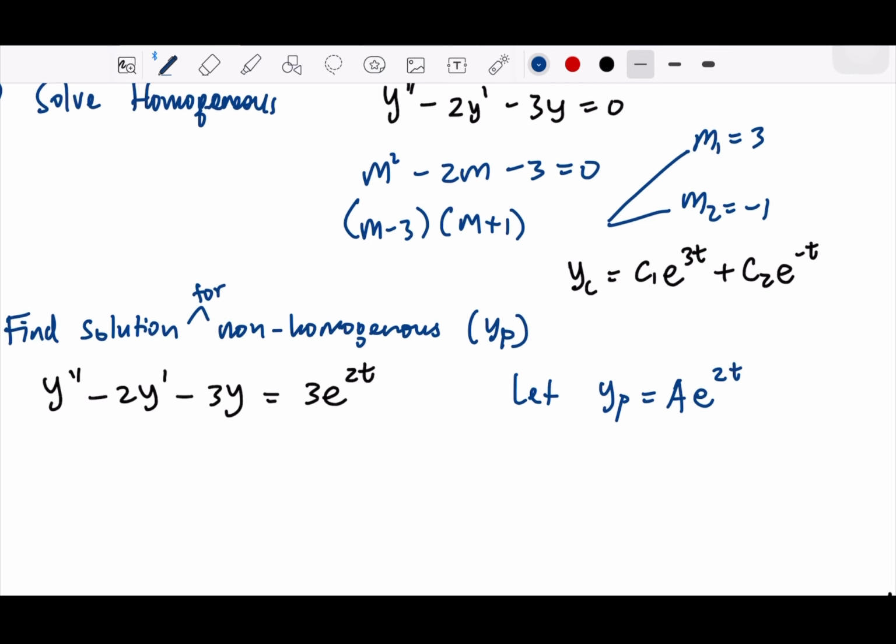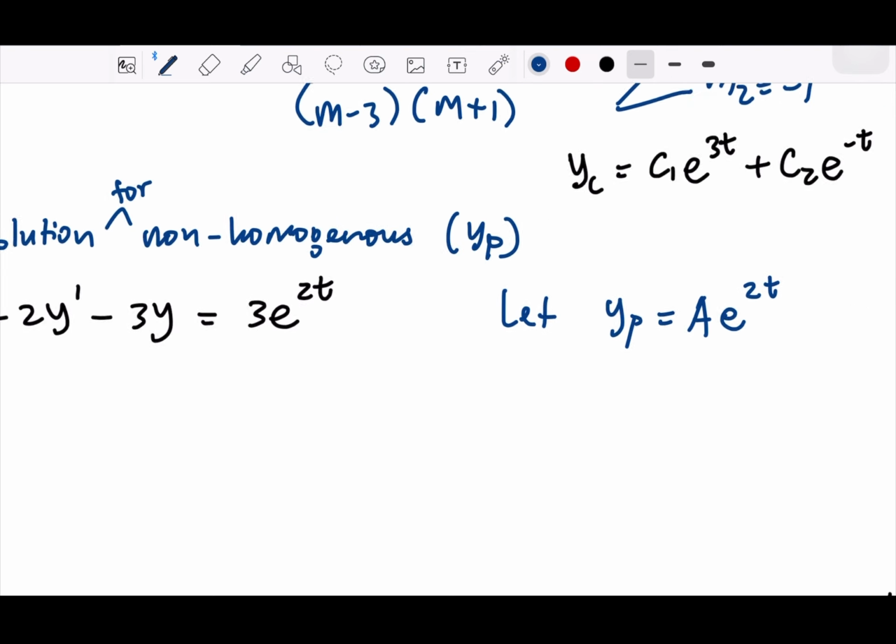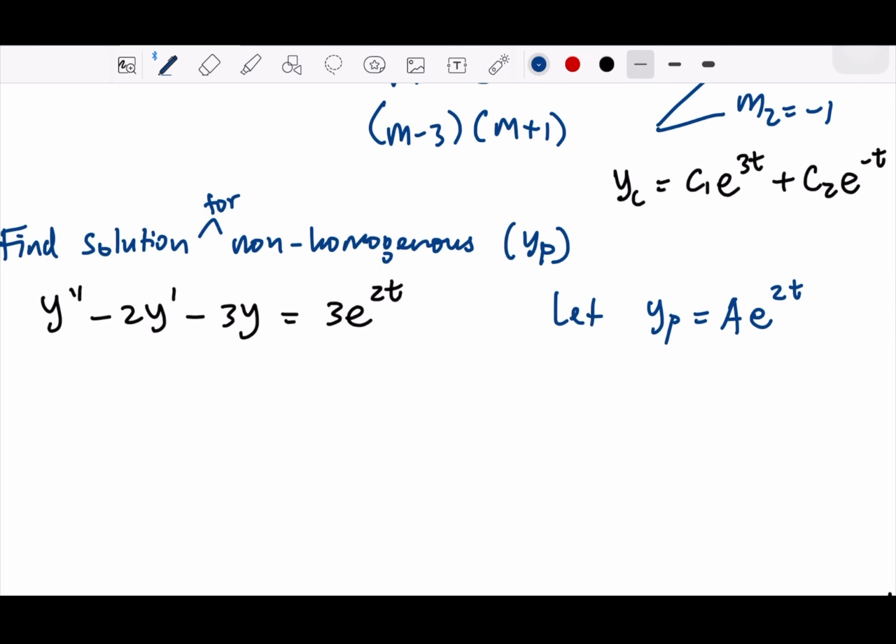And then we take yp and plug it into the equation. Let me just derive twice for the yp. The first derivative will be 2a e with power of 2t, and then the second derivative we get 4.